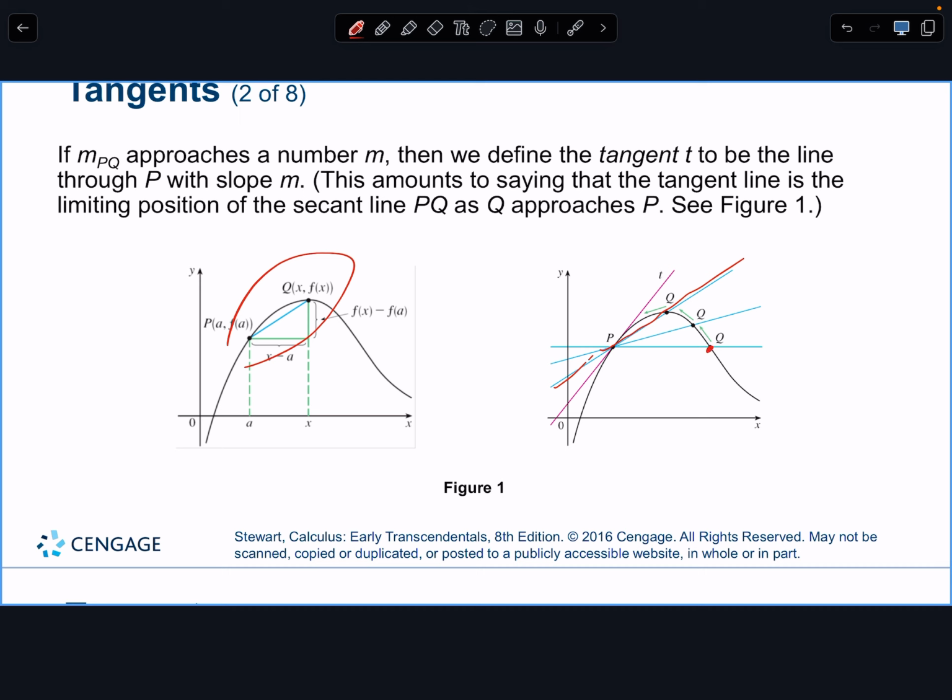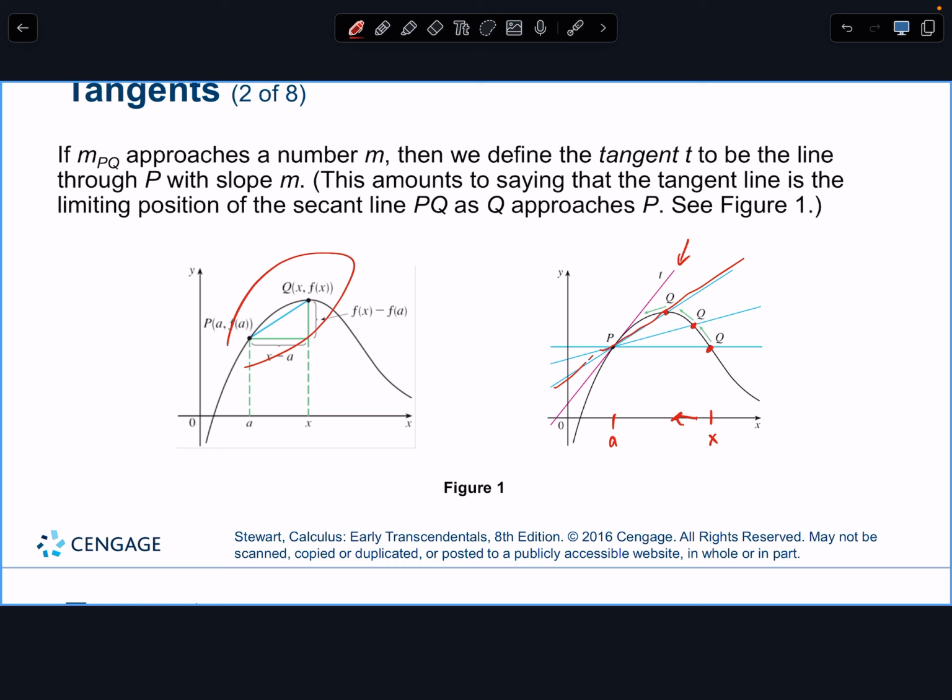What they're doing is showing you the progression. Here's a, and x starts out over here, and the secant line is kind of flat. Then as x moves towards a, these points start moving towards P, and the secant line, the line between them, starts changing and approaching this red line.